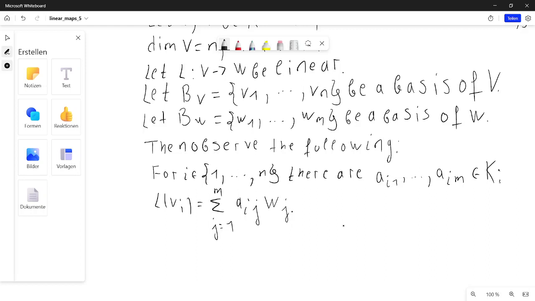What do we do next? Well, observe. Now we could just write it like this: L of v_1 up to L of v_n.